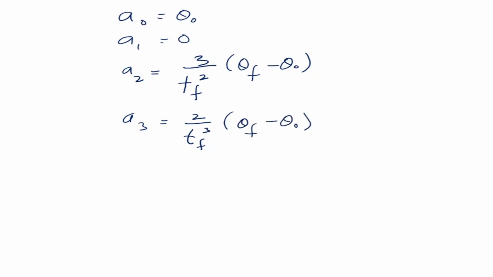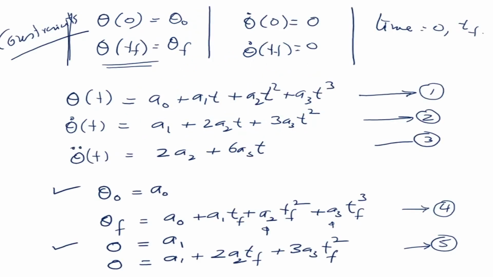Okay, so now we have got a0, a1, a2, a3. So we have all the parameters of the cubic polynomial that we proposed.